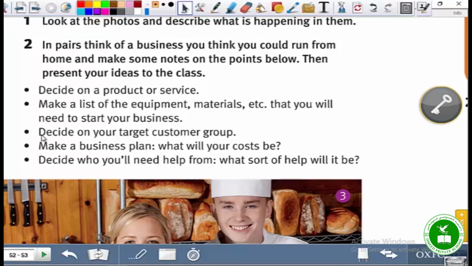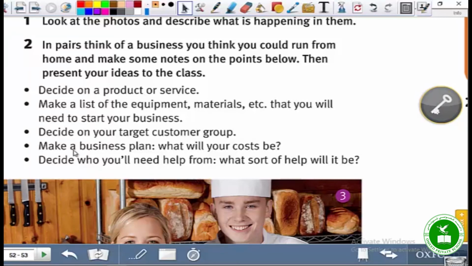Who will be your target? For example, who are you aiming at? You can say that we are aiming at students at our school. You are selling those sandwiches for your students at the school, for example.